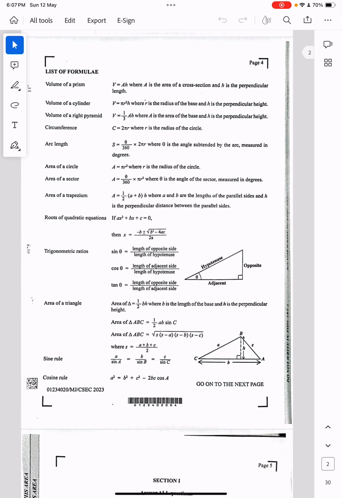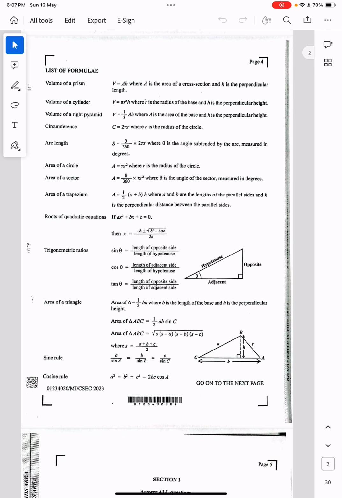Now, usually this sine rule and cosine rule below here, this is the basis of your bearings questions. Of course, you're still going to have to use some angle properties as well, knowing your 180-degree angle, 360-degree angle.